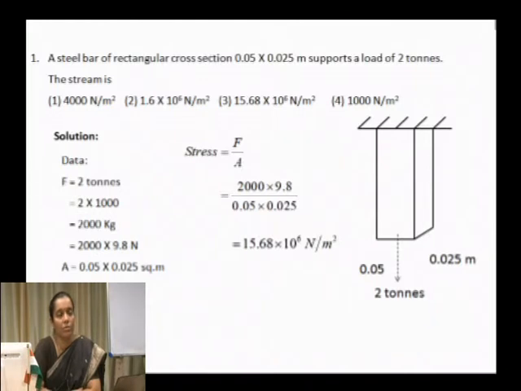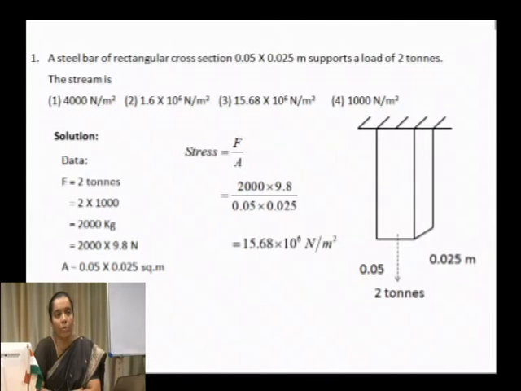So, the data given in this problem: the wire is rectangular in shape. The length is 0.05, the breadth is 0.025, so the cross sectional area is 0.05 into 0.025 square meter. The force acting on the wire is calculated as m into g, where m is 2 tons.